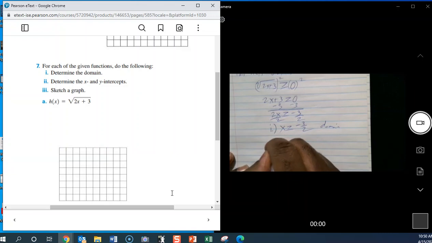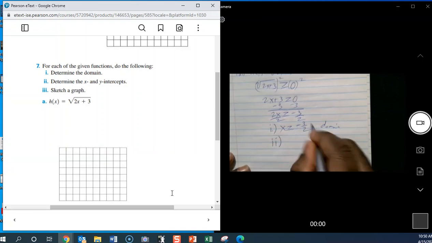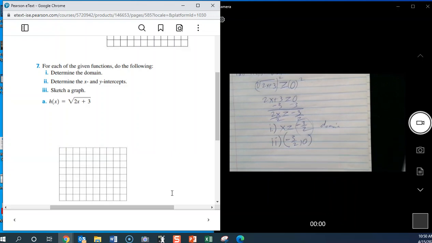The x-intercept will be this value here, which would be negative 3 halves, 0, because we know at negative 3 halves, that will make our y value equal 0. So negative 3 halves, 0 is our x-intercept. And the y-intercept, when x is 0, would be 0 comma square root of 3. That would be our y-intercept.